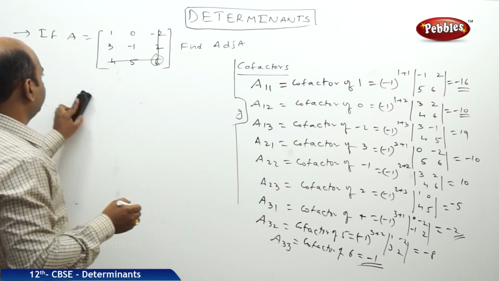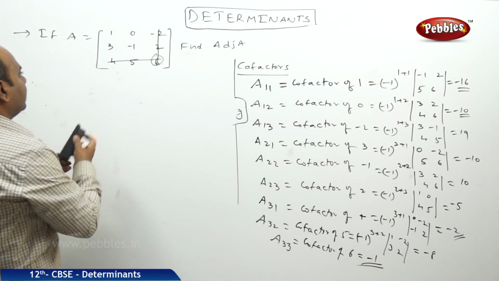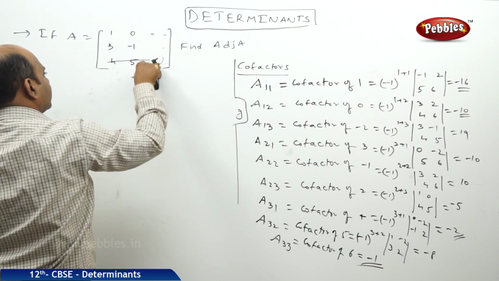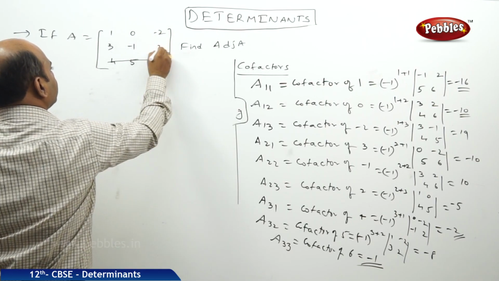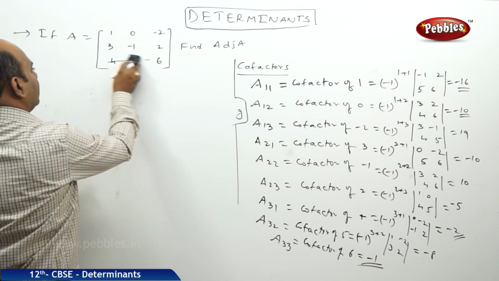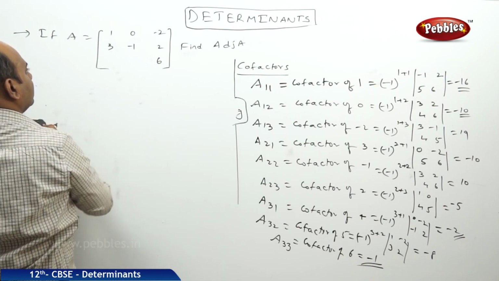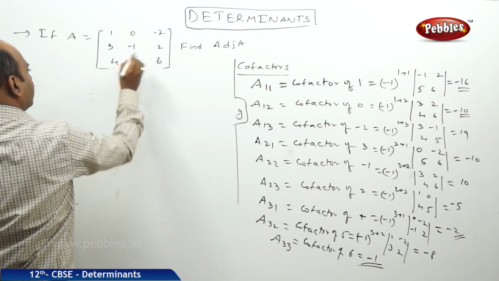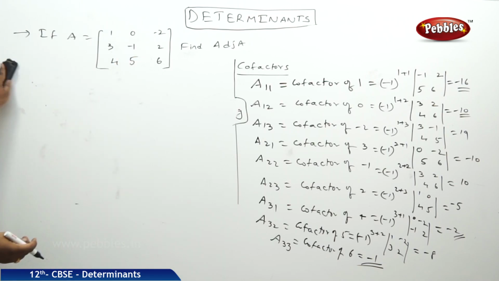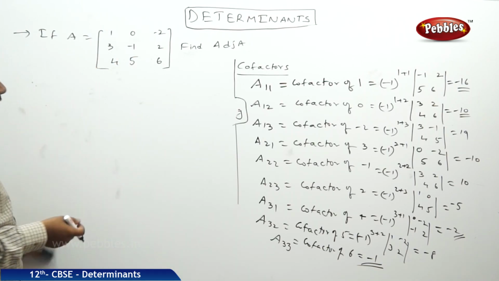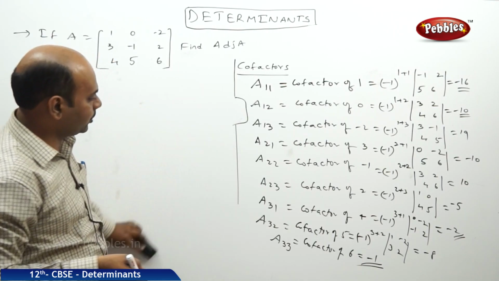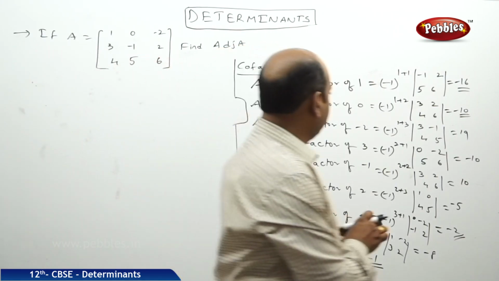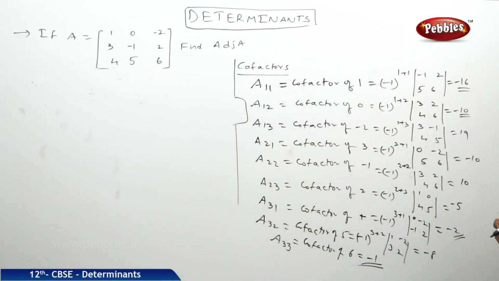Once again I write here neatly, this is minus 2, 2, 6, minus 2, 2, 6, and here 4, 5. Right? I need to find the cofactors. We have already done this in the previous problem, so our work will become very, very easy.